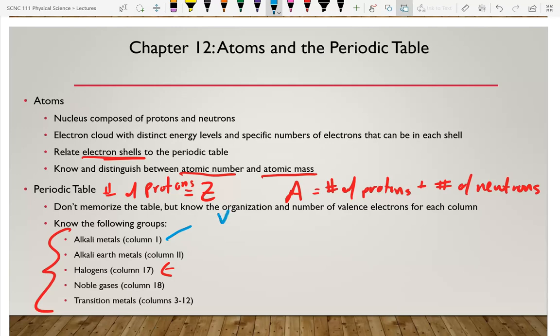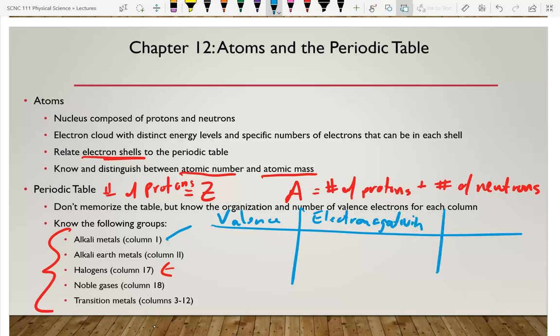Let's look at certain things. Valence, electronegativity, and size. Okay, the first column, they tend to lose an electron. Their valence is 1.